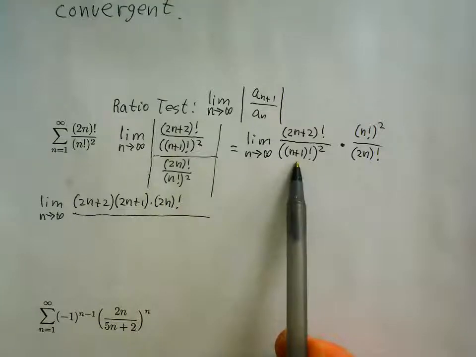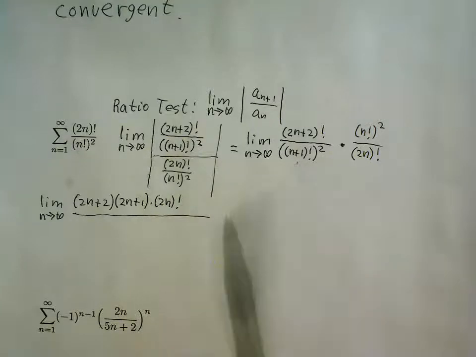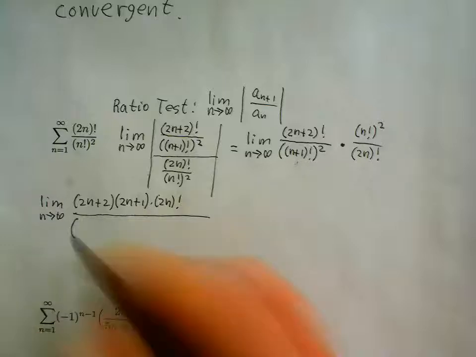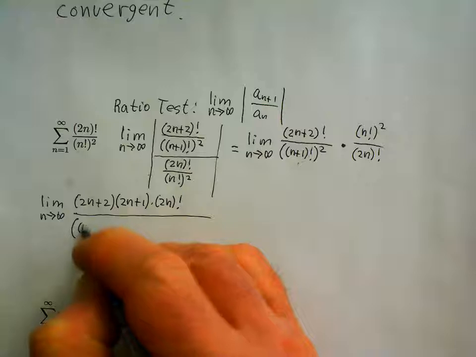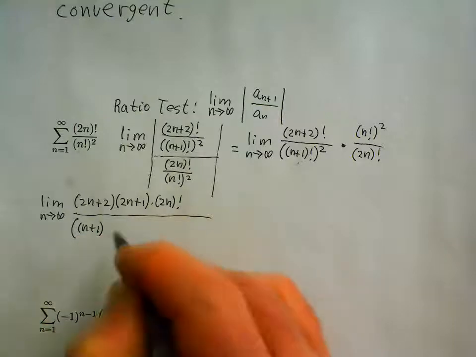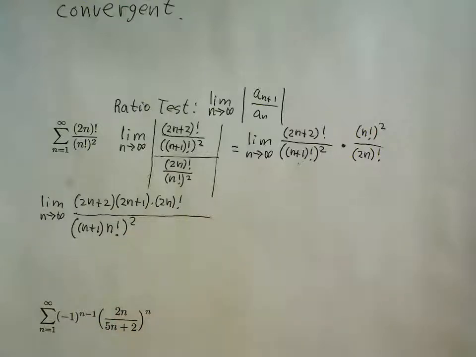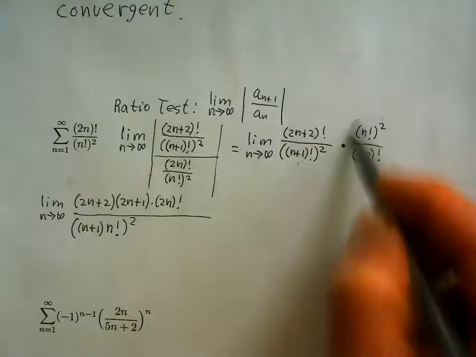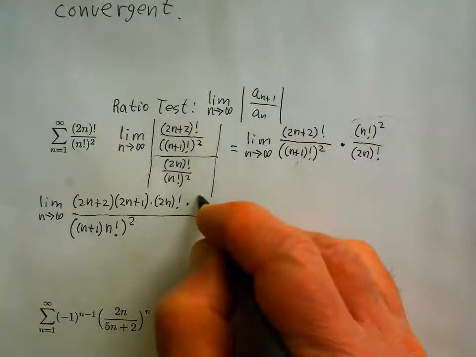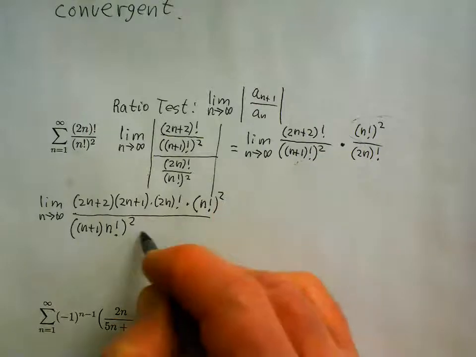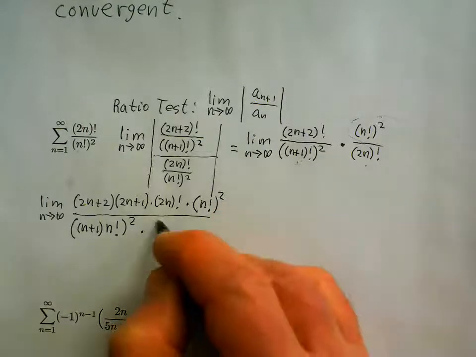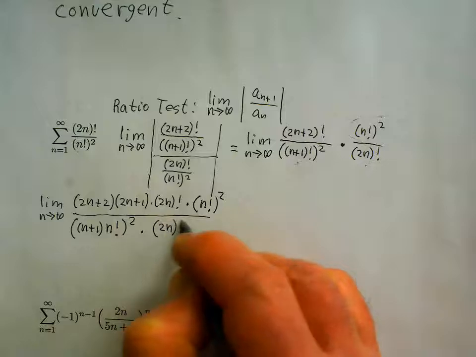And the n plus 1 factorial squared, well, n plus 1 factorial means the same thing as n plus 1 times n factorial, and then we're squaring that. And then this numerator, times n factorial squared. And then that denominator, 2n factorial.